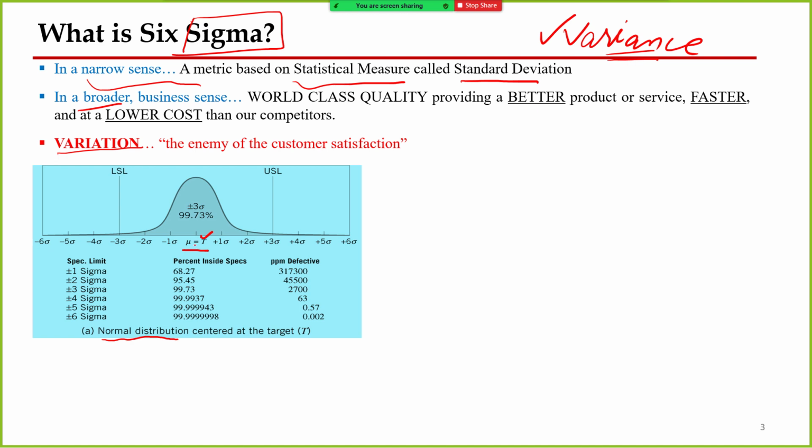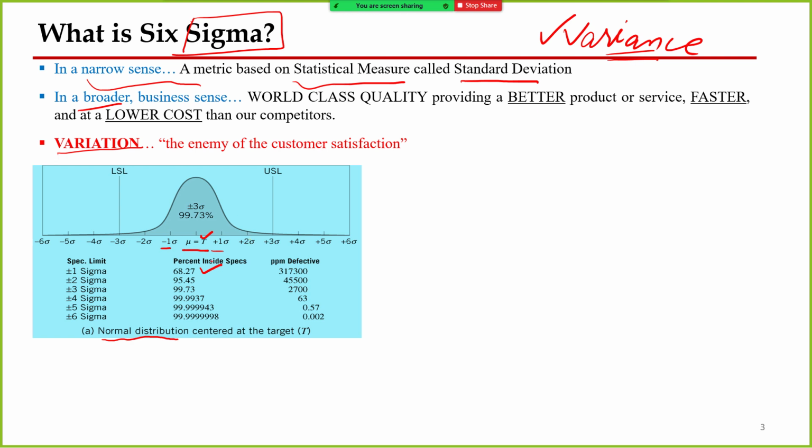Then after that, according to the statistical definition, which is known as the empirical theory, or you can say empirical definition: if your process has up to 1 sigma level variation, then your process contains 68.27% good units. The remaining is going to be defective units.